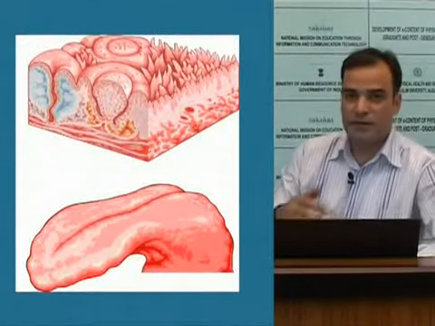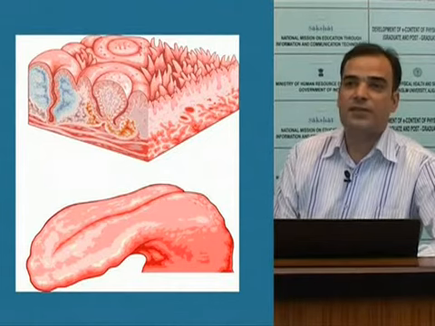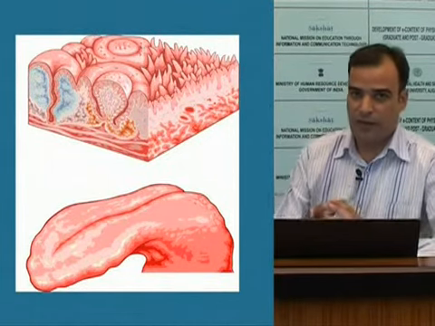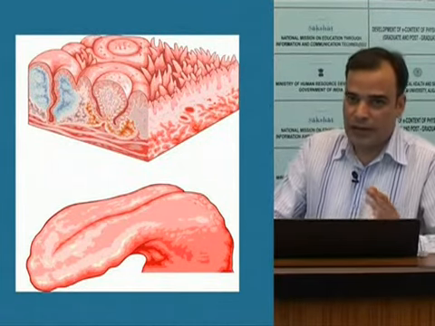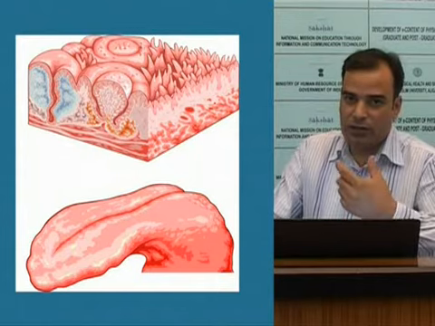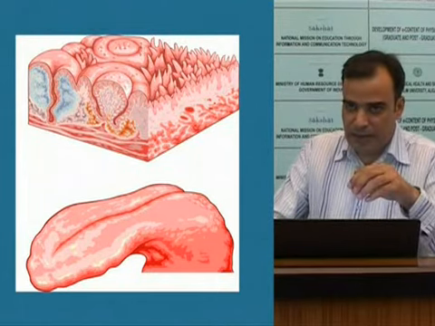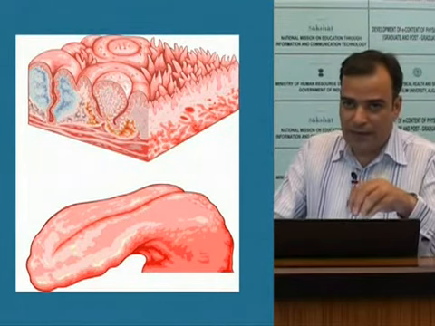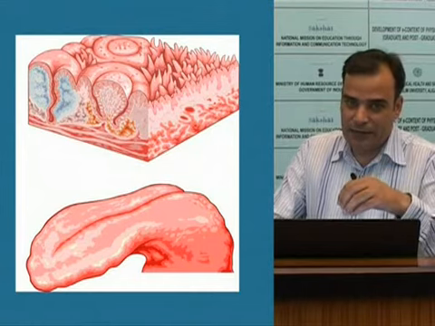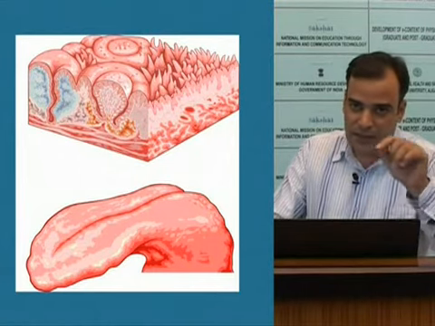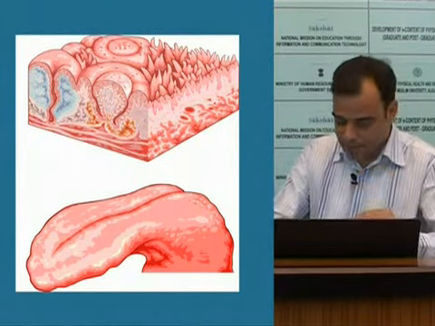Another type of papilla found on the tongue is called the fungiform papilla. They are in large numbers, and they are usually present on the tip and on the margins. These fungiform papillae are identified by their bright red color. You can see on your tongue there are some papillae which are very bright and red in color.